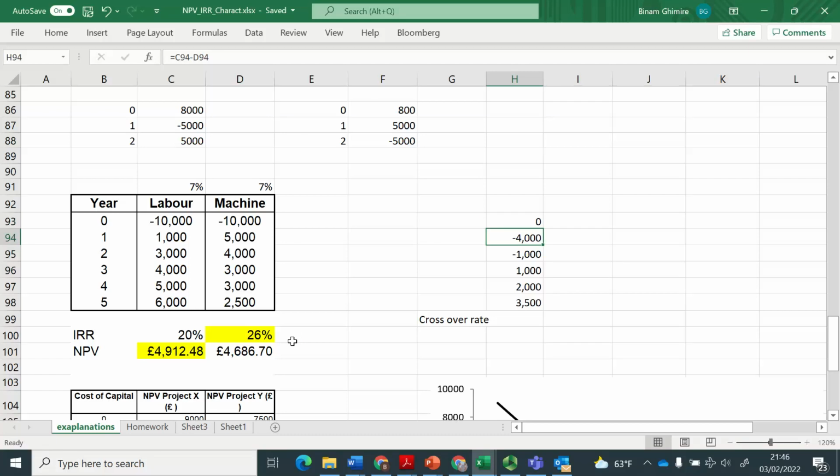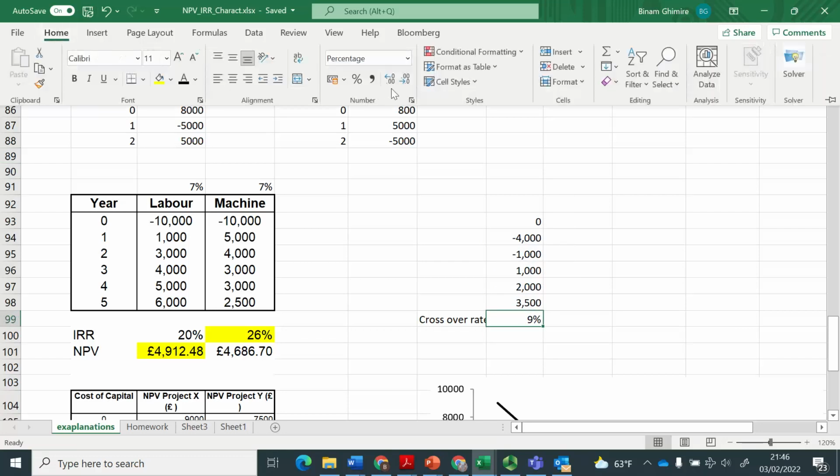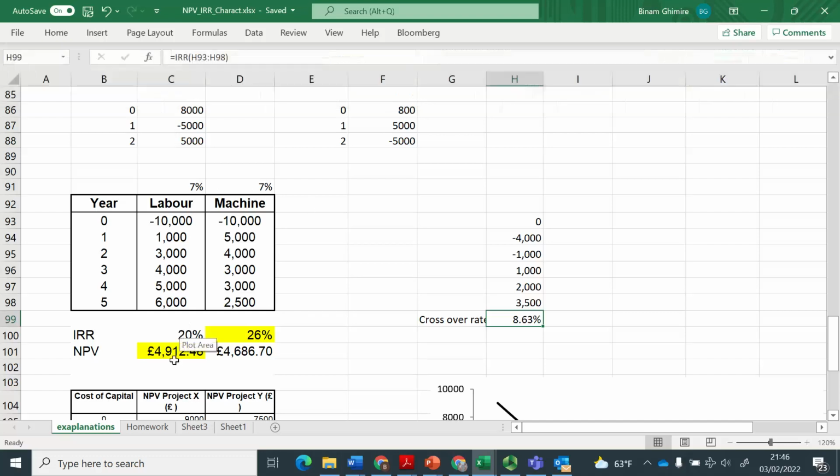You just find the difference and then you compute IRR, and you will see this will give you closer to 9%. And now you see that this number here, crossover rate, is higher than this discount factor rate. Hence the reason why the IRR and NPV are giving conflicting results.